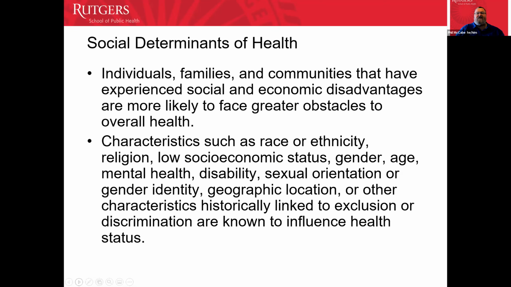Now, as public health professionals, we're pretty familiar with the social determinants of health, and we know that these are certain characteristics that help people or might hinder people in receiving adequate health information or services, or even influence decisions about health.